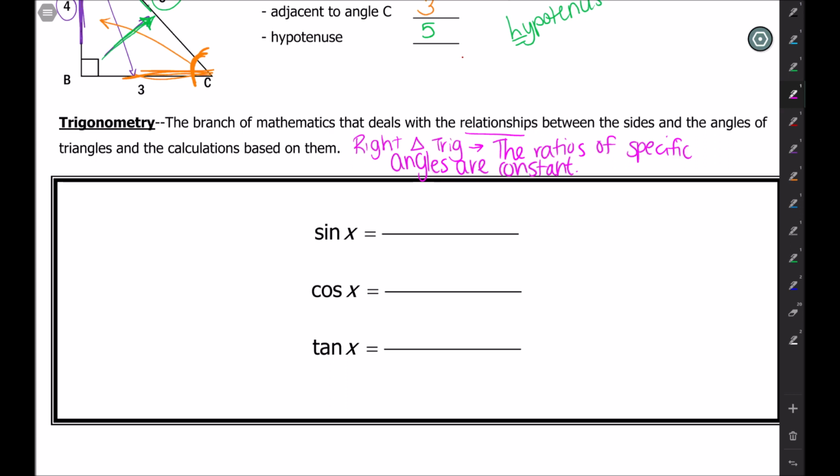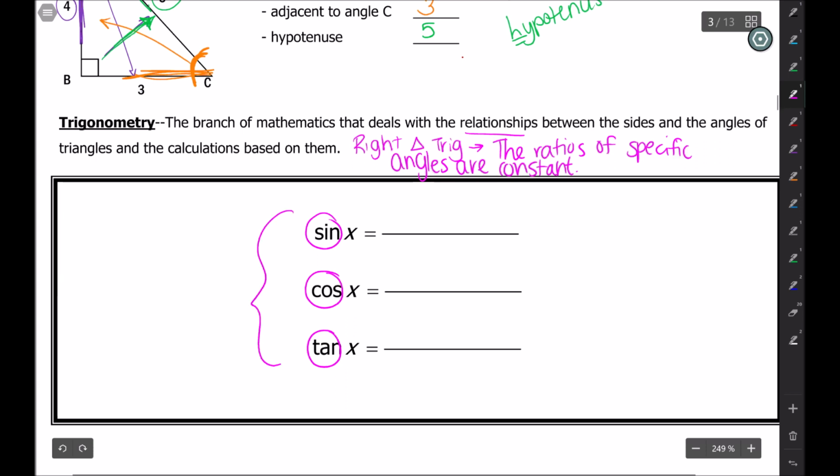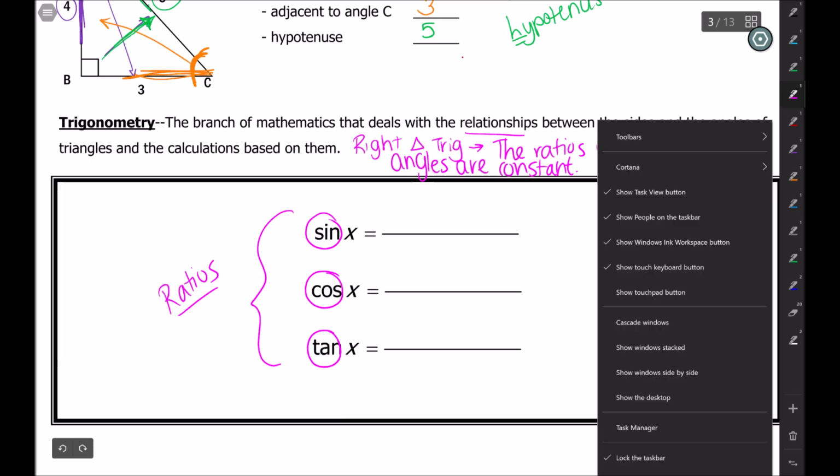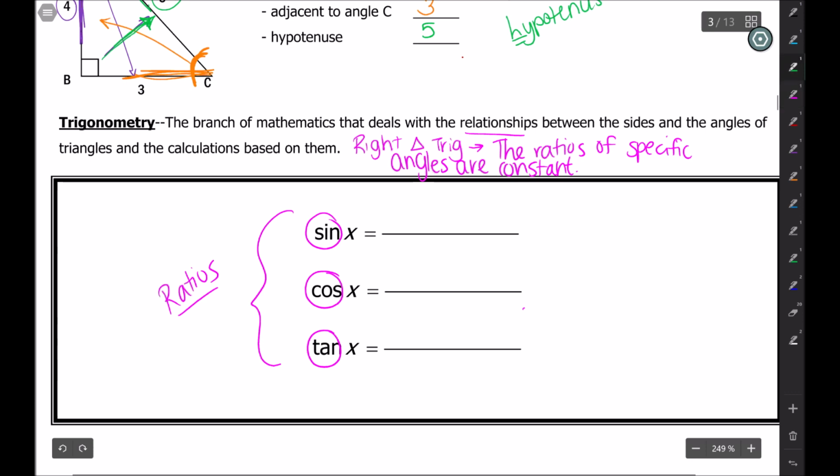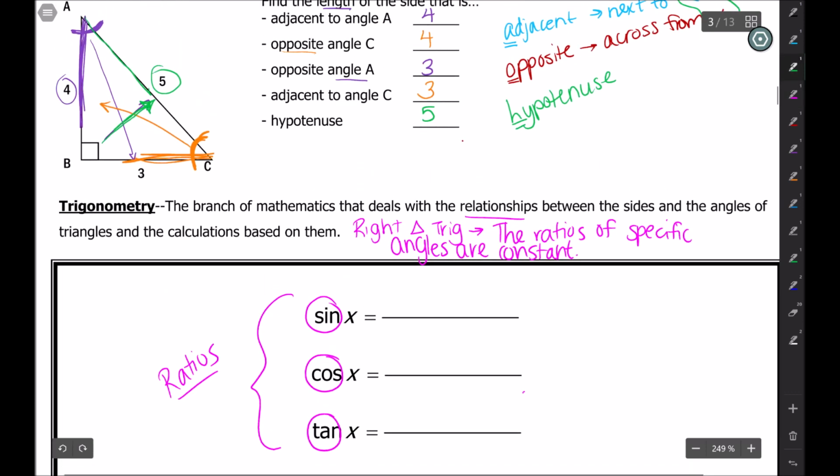So now that we've discussed it, the ratios of specific angles are constant. These three terms right here are the ratios. This is sine of x. Please do not call it sin of x, because it's sine. This is cosine of x, and this is tangent of x. All three of these have their own specific ratio, and it's based on these three words: adjacent, opposite, and hypotenuse.